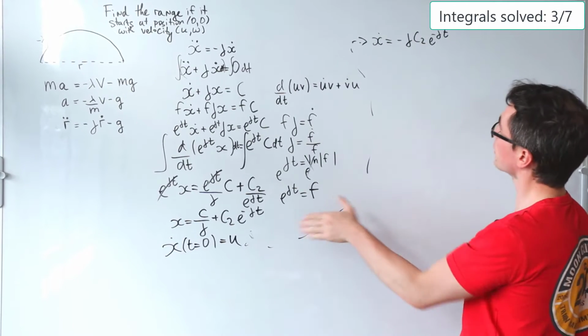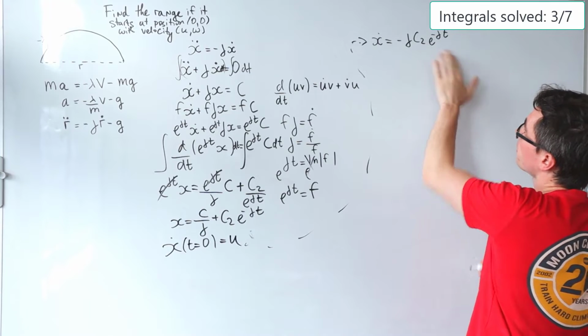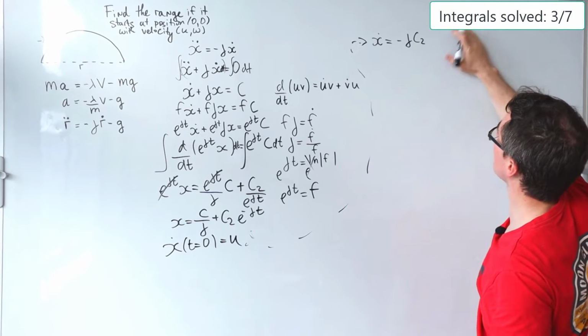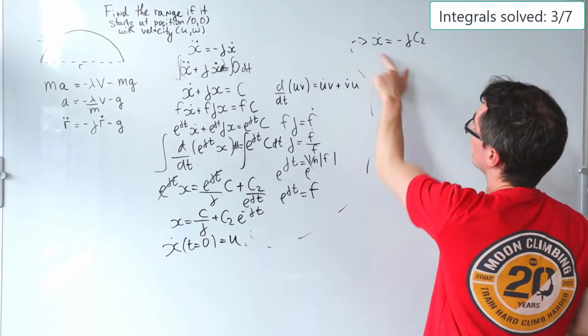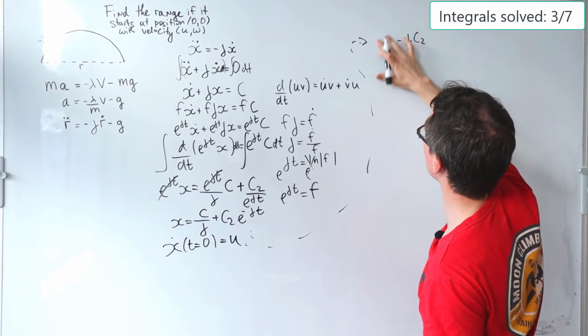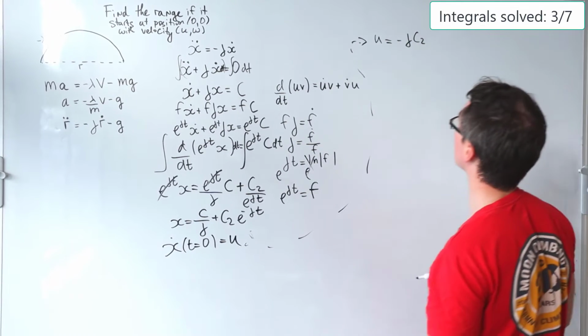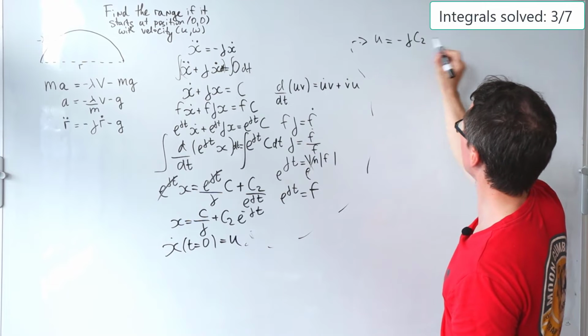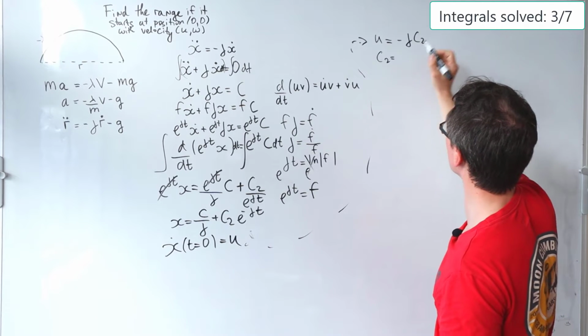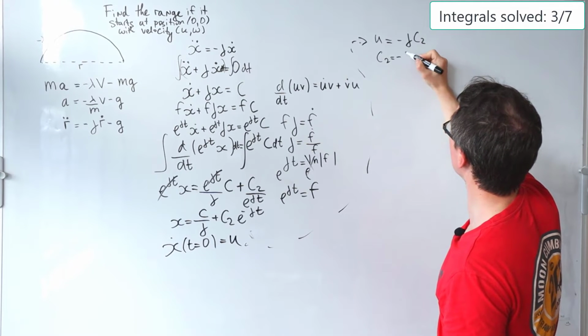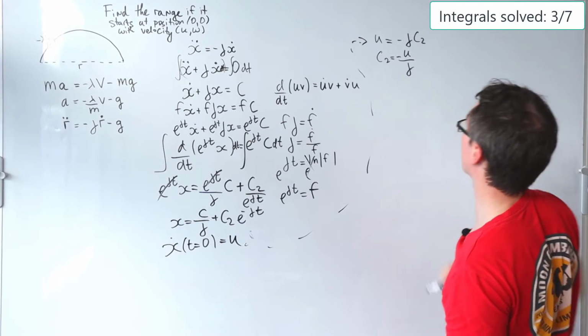Well, at t equal to 0, this exponential is just equal to 1, and we know that x dot at t equal to 0 is just equal to u. So we can say that c2 will be given by minus u divided by gamma.